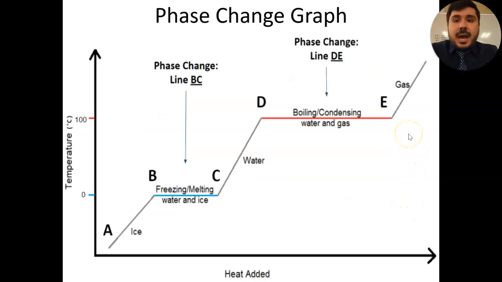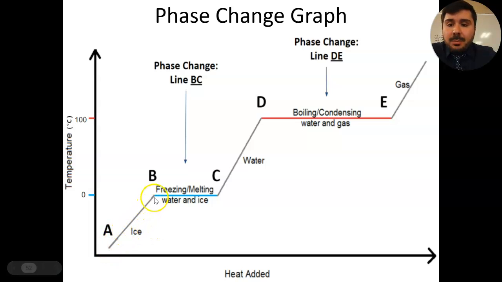So now this is what a phase change diagram or phase change graph looks like. We can look at this x-axis; I know it says heat added, but we can also look at that as time. The y-axis is temperature. As we move from point A to point B, we're talking about a phase change diagram for water.